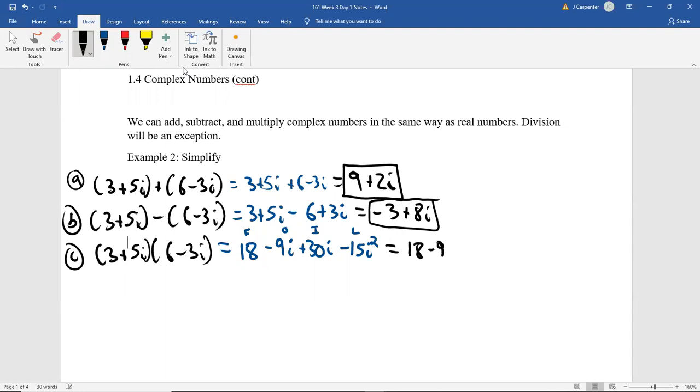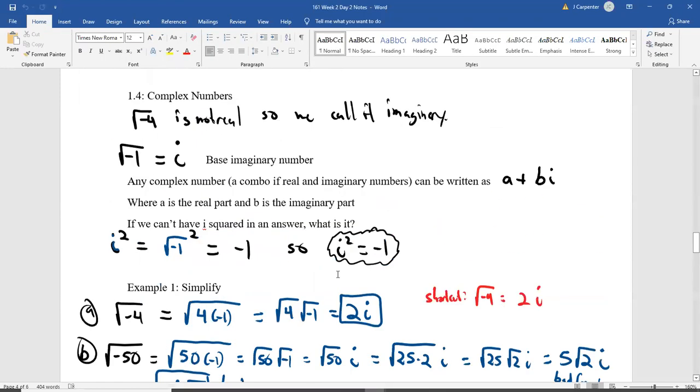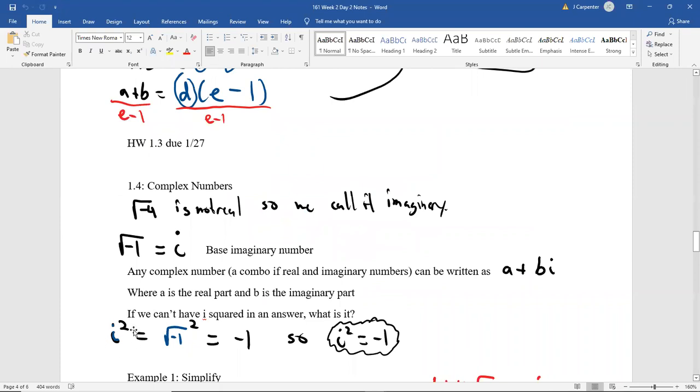18 minus 9i plus 30i. And I'm going to change the last term because, you know, you couldn't change x squared, but you can change i squared. We said that i squared is -1 because when you square root, those cancel out, so you're just left with the inside.